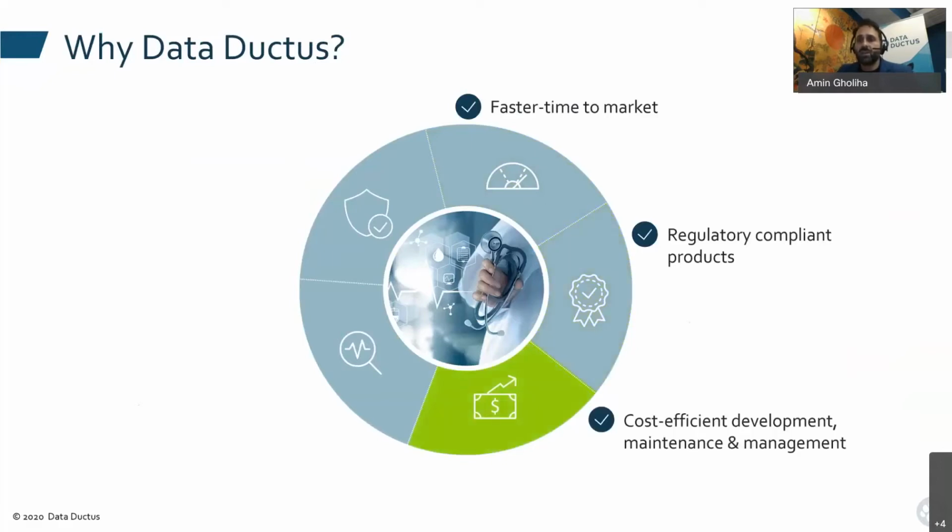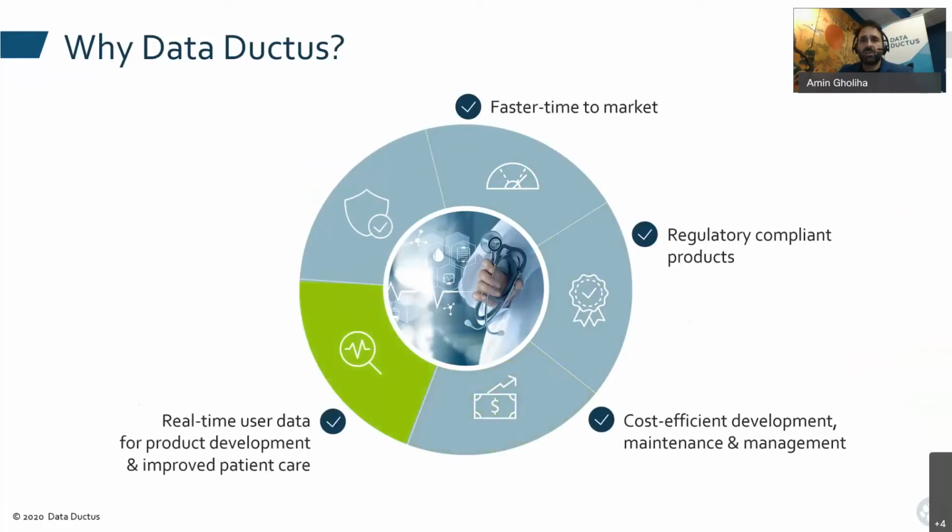We have a very cost-efficient development and business model that we try to utilize. And our vision, basically, in our medical group, is that we try to use the latest digitalization technology and enable you to have real-time user data for product development and improve patient care, to enable this technology for the medical field.